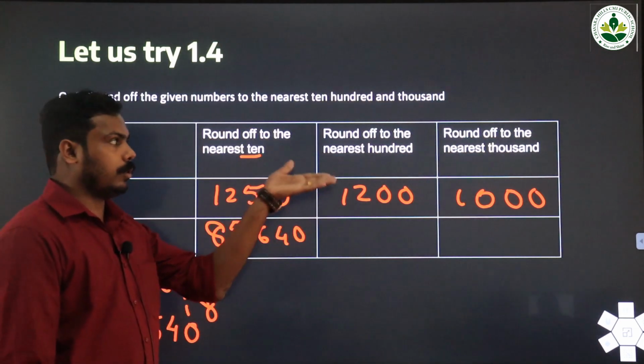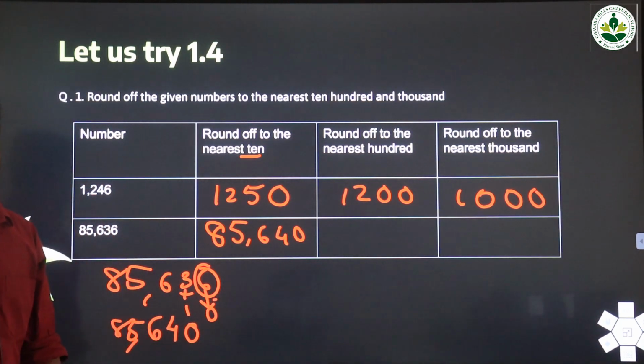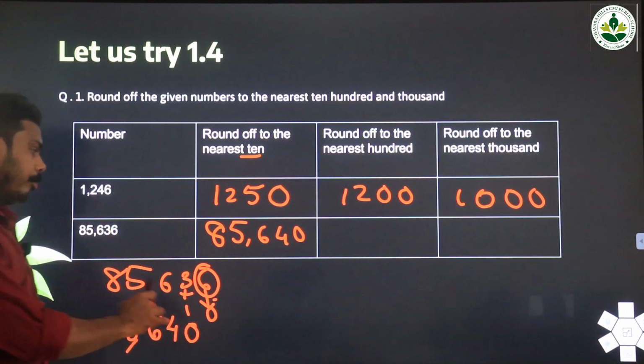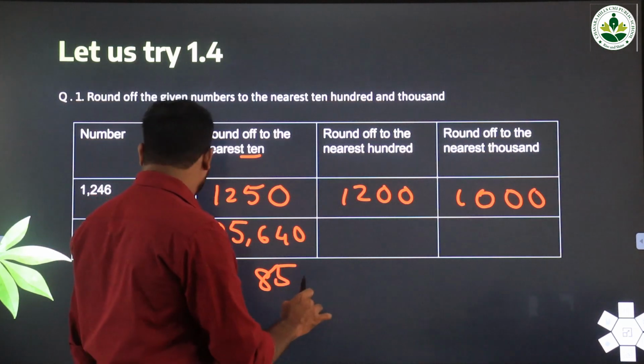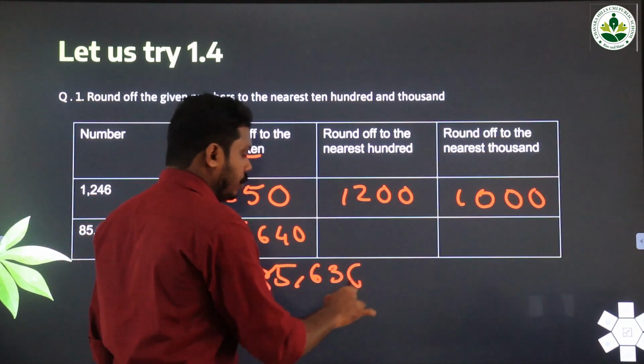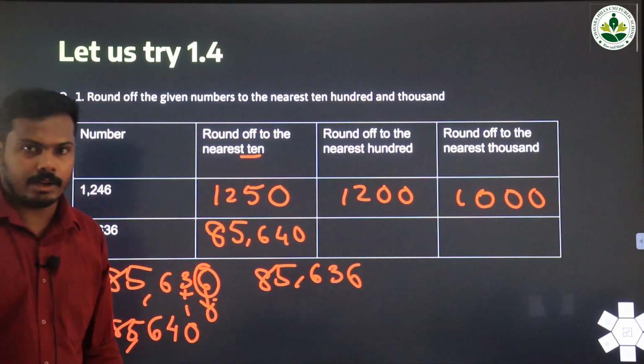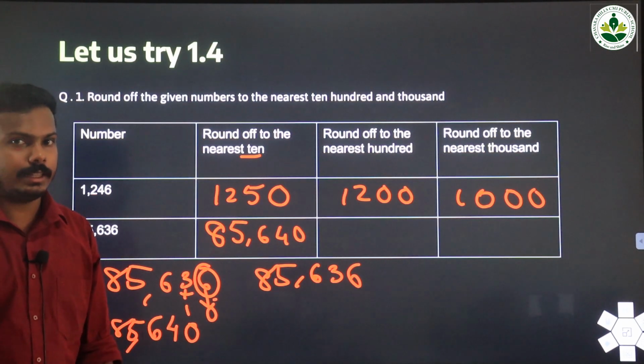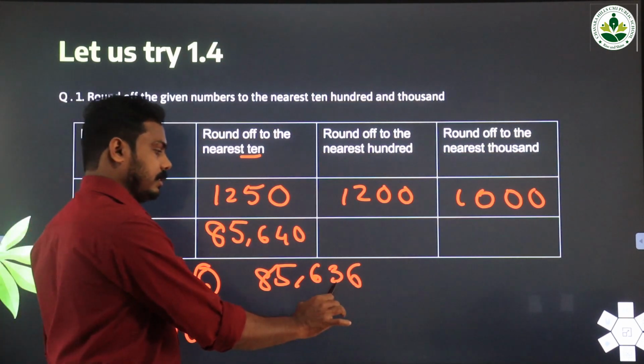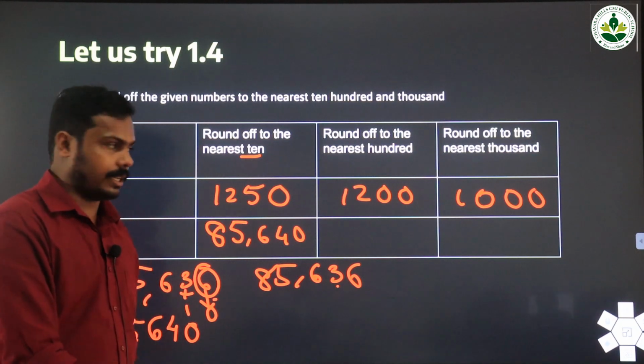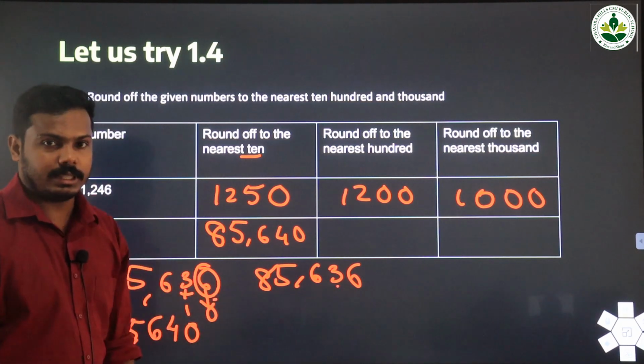Next one, round off to the nearest 100. If you want to round off the number 85,636 to the nearest 100, look at the digit in the right side place, that is the tens place, 3.